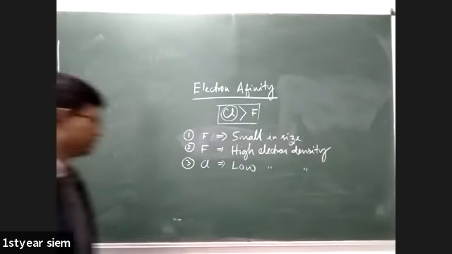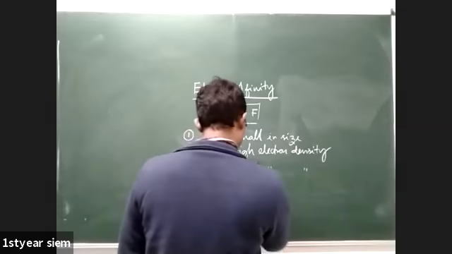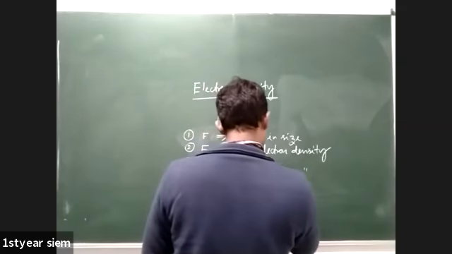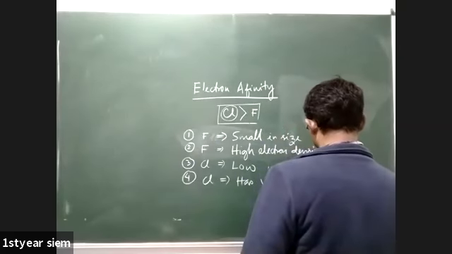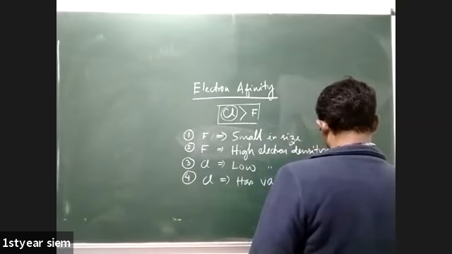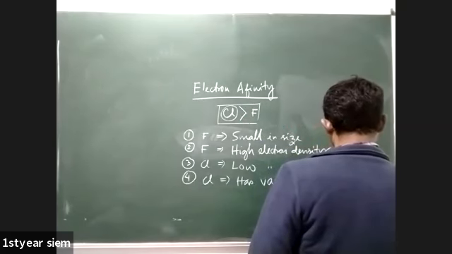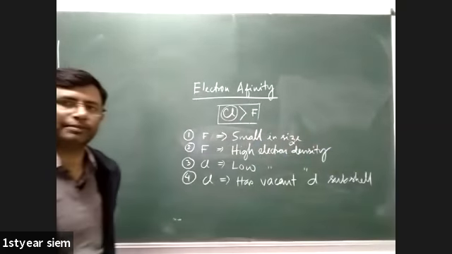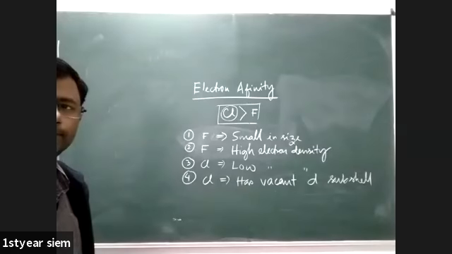Number four, chlorine has a vacant D subshell. So chlorine also has a vacant D subshell.